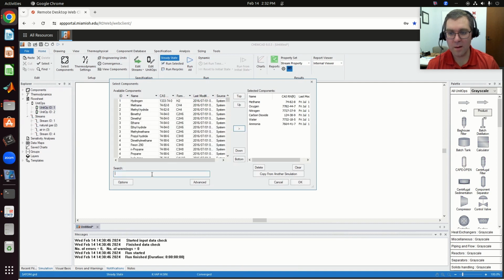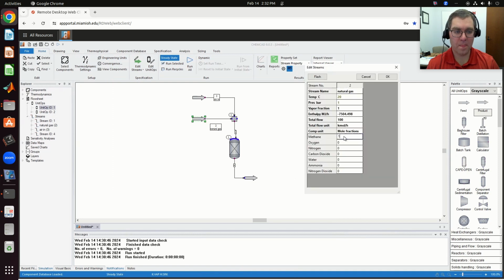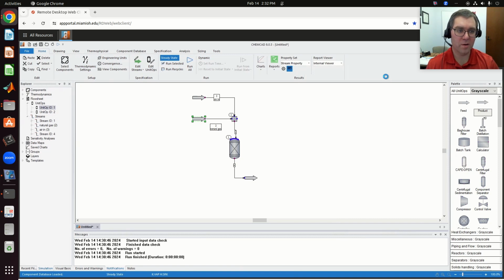Diatomic nitrogen, N2, is already there, and I'm going to add NO2, nitrogen dioxide. And then for my natural gas, I'll make it 0.99 mole fraction methane, but let's put a little ammonia in there, so 0.01 mole fraction ammonia.